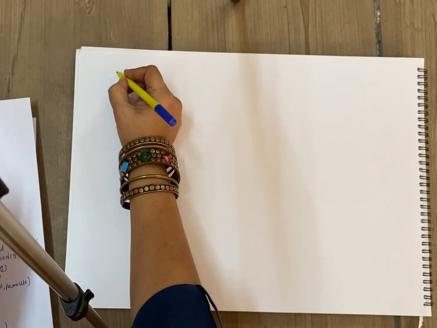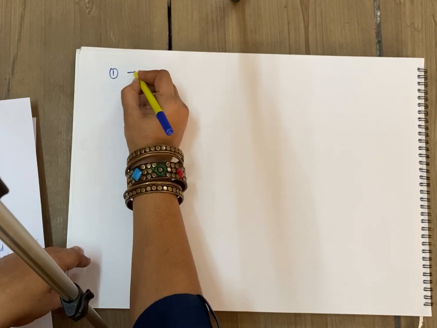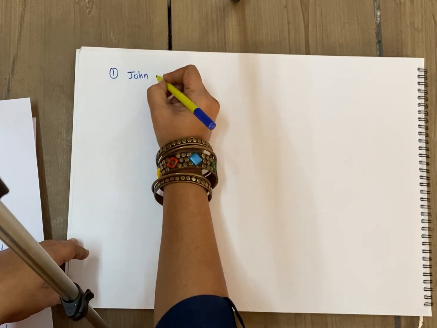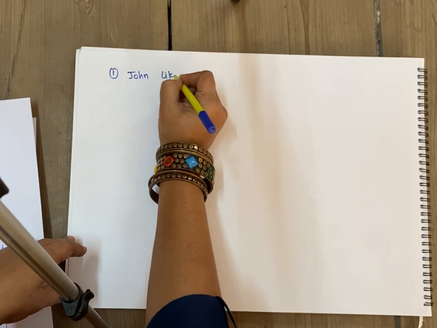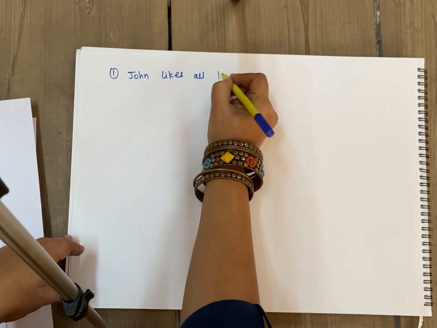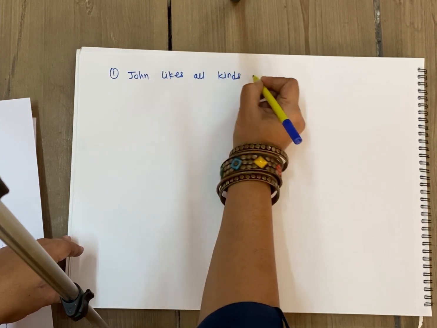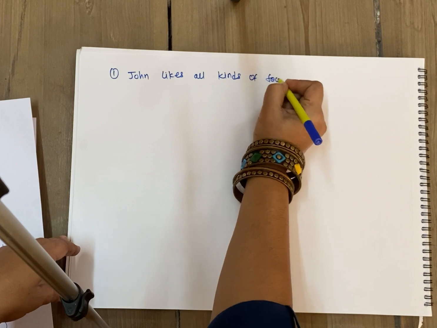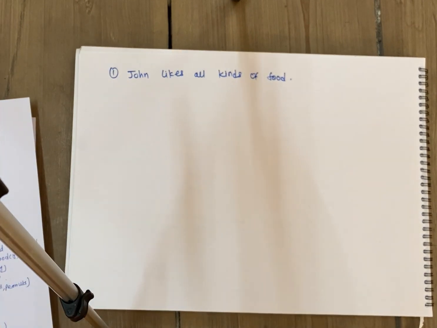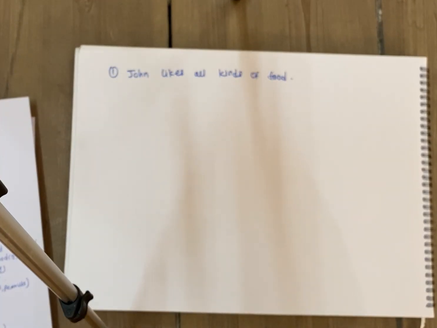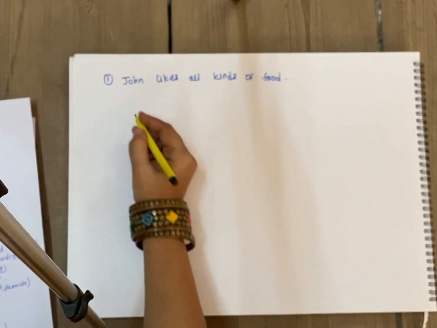The classic example, the first example I am discussing over here, is the example we have already discussed. John likes all kinds of food. Before writing the next statement, I will write its predicate and equivalent CNF form also. So what will be the predicate for this?